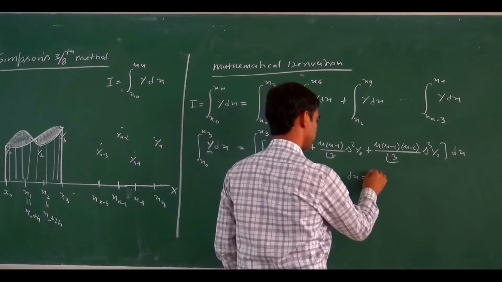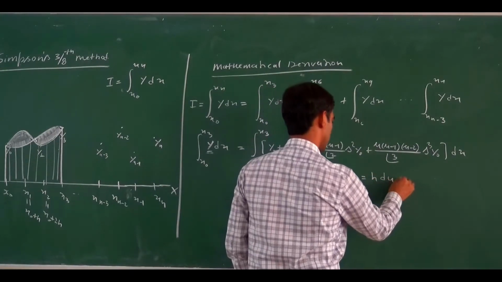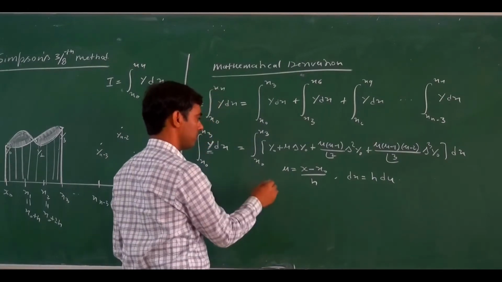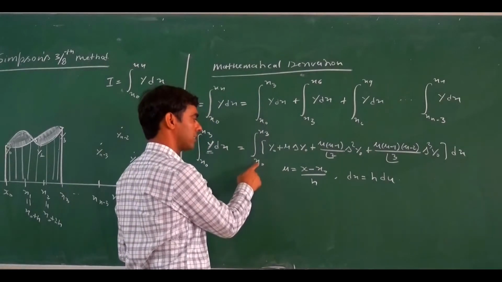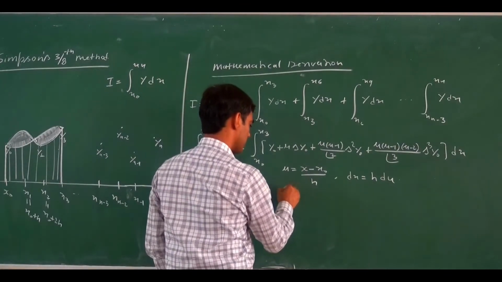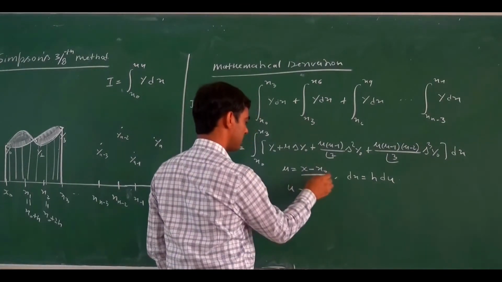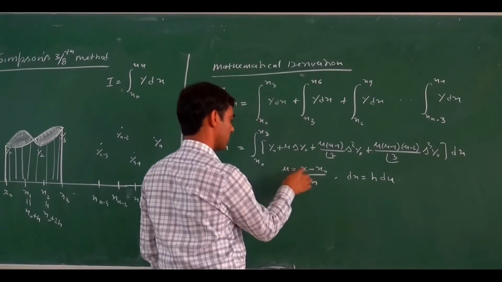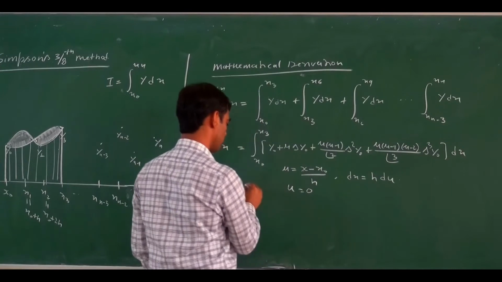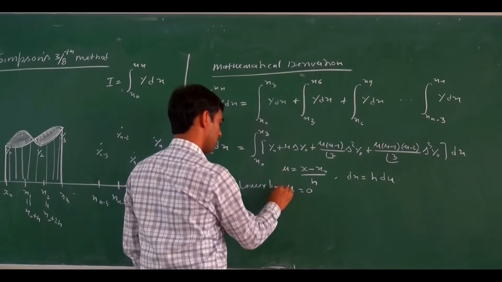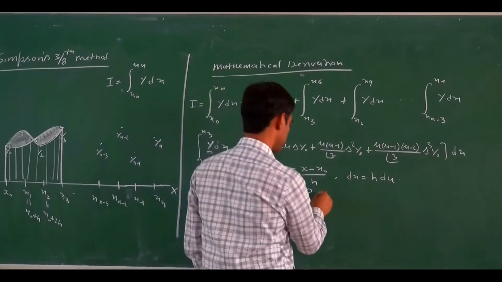dx becomes h du. And what is the lower limit? If x is x0, then u becomes (x0 minus x0) upon h, which is 0. This is the lower limit. And what is the upper limit?